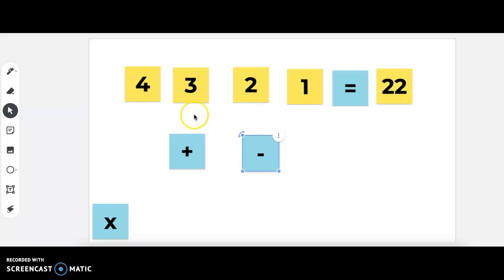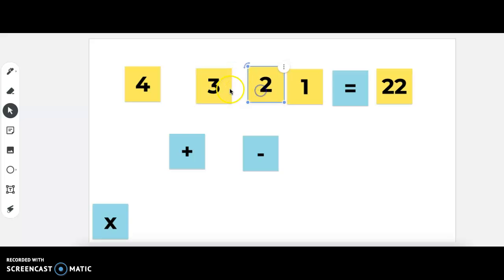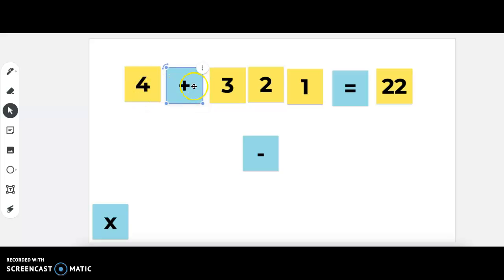Okay. So if I put, let's say I put this digit over here, and I make it 4 plus 321. Is that going to equal 22? Of course not. No, that's not going to equal. And if I had 4, could I have 4 minus?